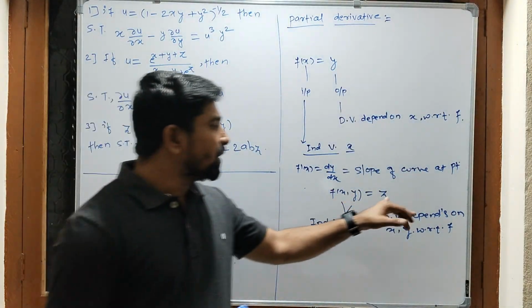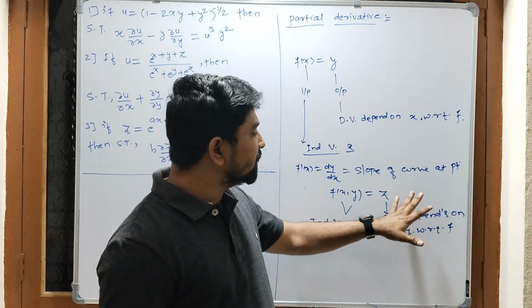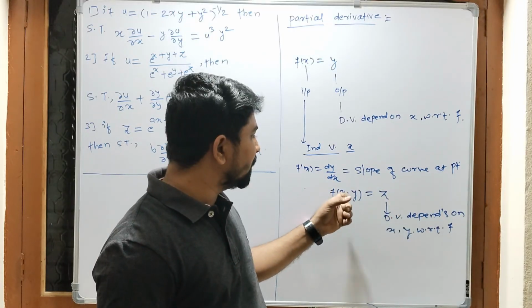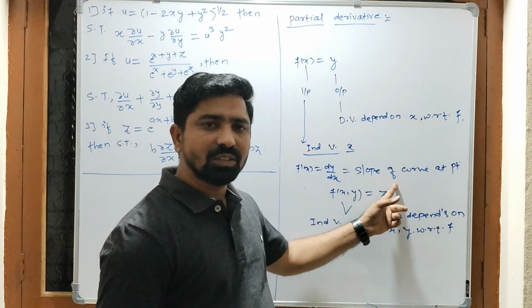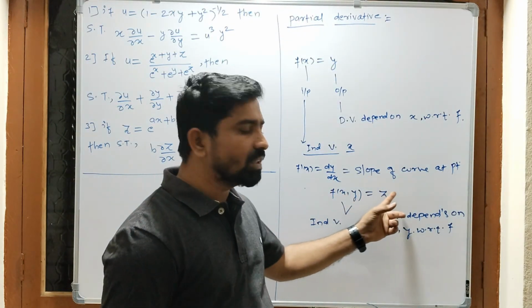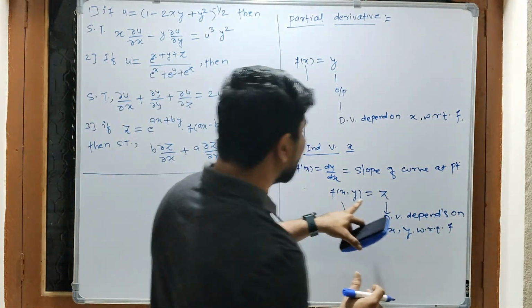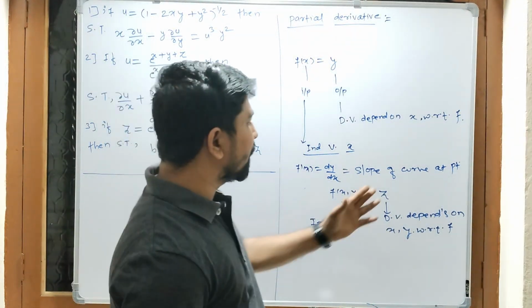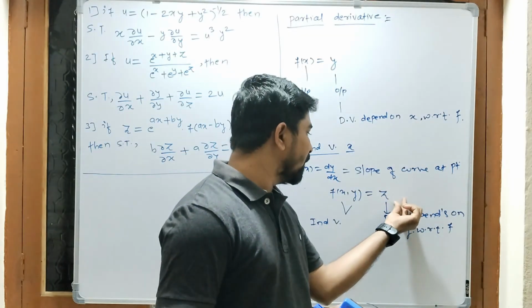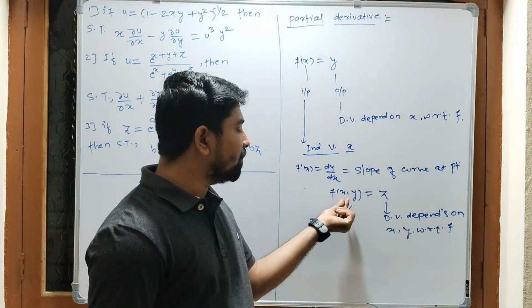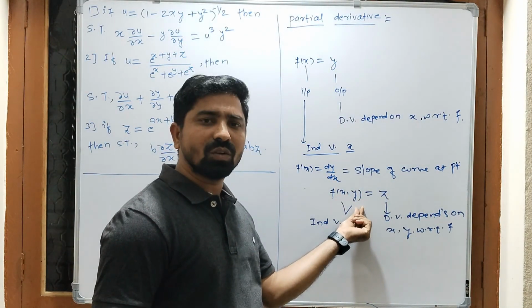When x changes, z changes, and when y changes, z changes. Therefore, while finding the rate of change of z with respect to x, treat y as the constant.